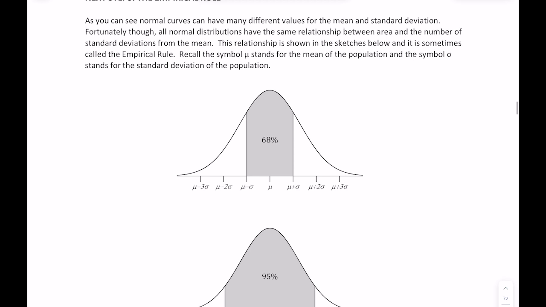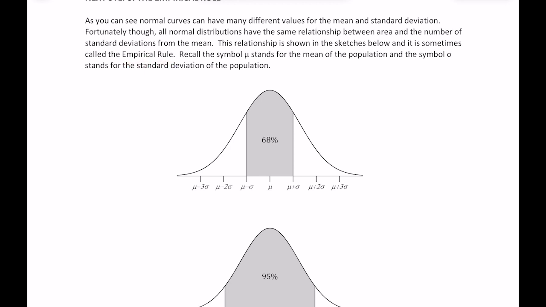So normal curves can have many different values for the mean and the standard deviation. Fortunately, all normal distributions have the same relationship between the area and the number of standard deviations from the mean. This is called the empirical rule.